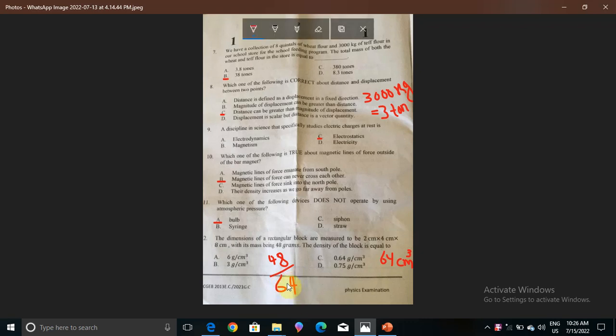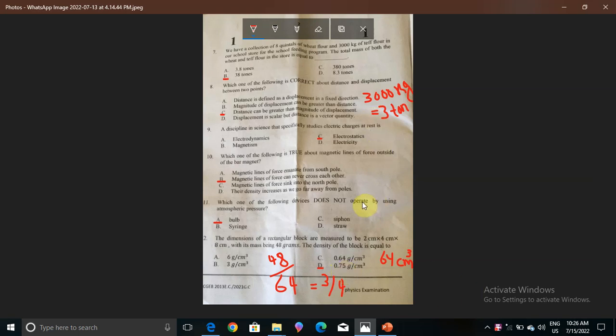Then when you divide it, you will get 3 over 4. And by decimal, it will be 0.75 gram over centimeter cube. So the correct answer for question number 2 is 0.75 gram over centimeter cube.